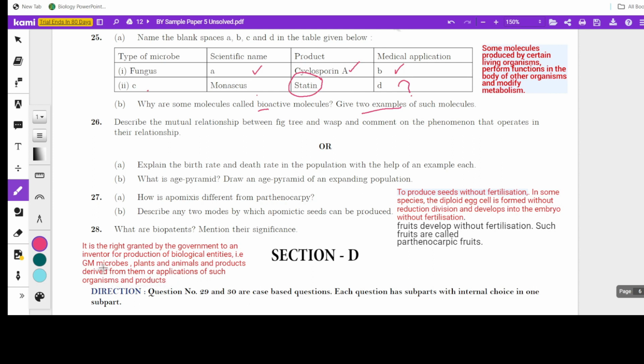So that particular person owns it. It cannot be used by anyone else. Its copyright cannot be taken by anyone else. So that is called a biopatent. The significance of biopatent is that the developer is benefited out of this. He'll get the total grant, and nobody else can copy it without the owner's permission.